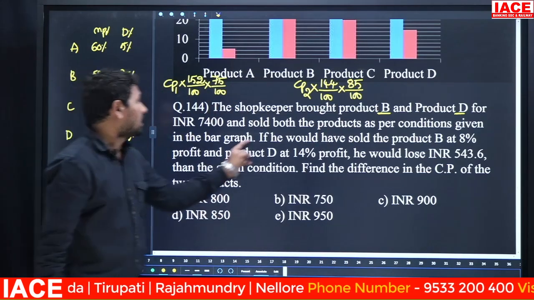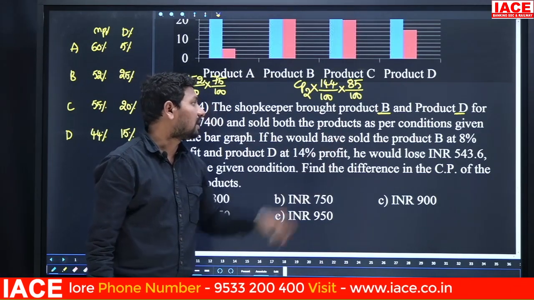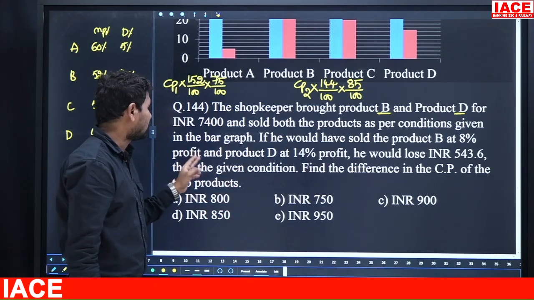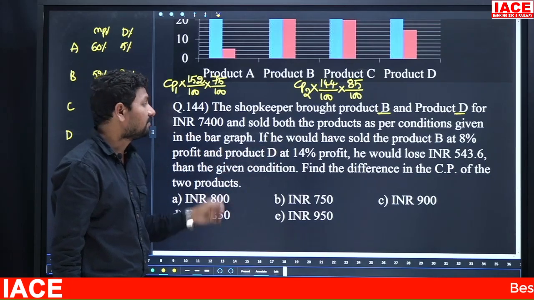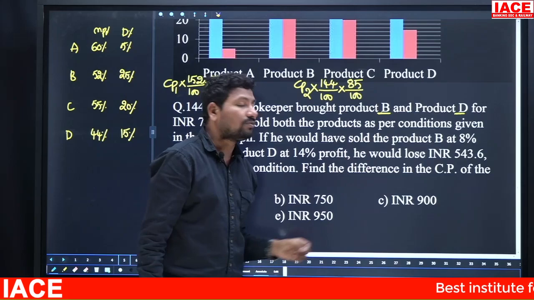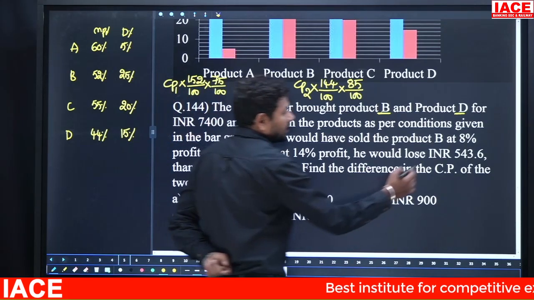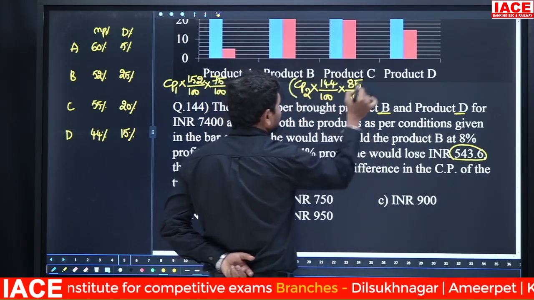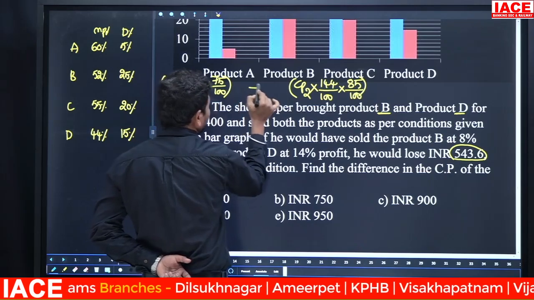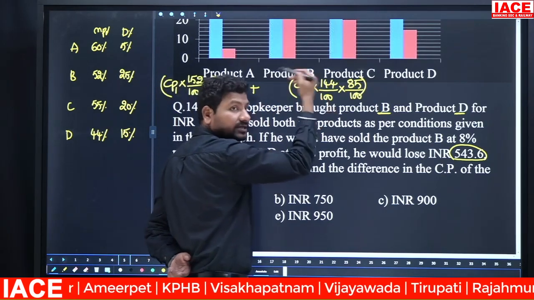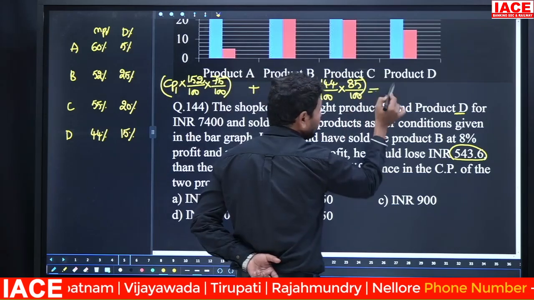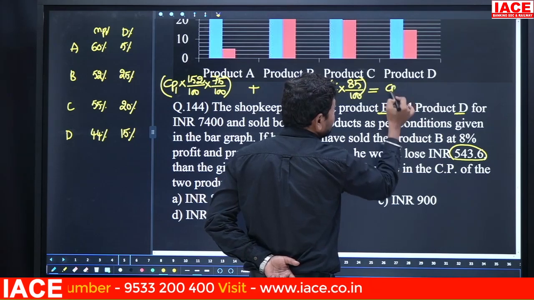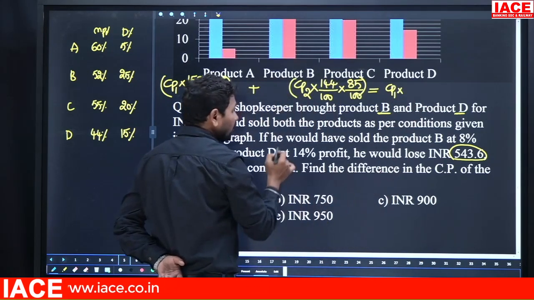Then condition-wise, if he would have sold product B at how much percentage profit? 8% profit, and product D at 14% profit, he would lose how many rupees? 543.6 rupees. How do you write it? This is the actual selling price and this is the actual selling price. The first selling price of product B and the first selling price of product D are added, and we write the second selling price of product B. Here CP1 is there, the expected value.